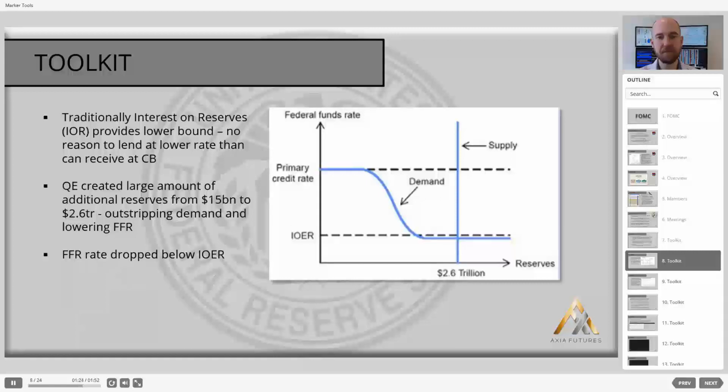And so what then happens is, because of this excess liquidity, you end up with the interest on excess reserves actually becoming a ceiling rather than the floor on rates, which then brought about a new type of strategy known as a floor-based implementation of open market operations and of their rates, which we'll go and have a little look at now.